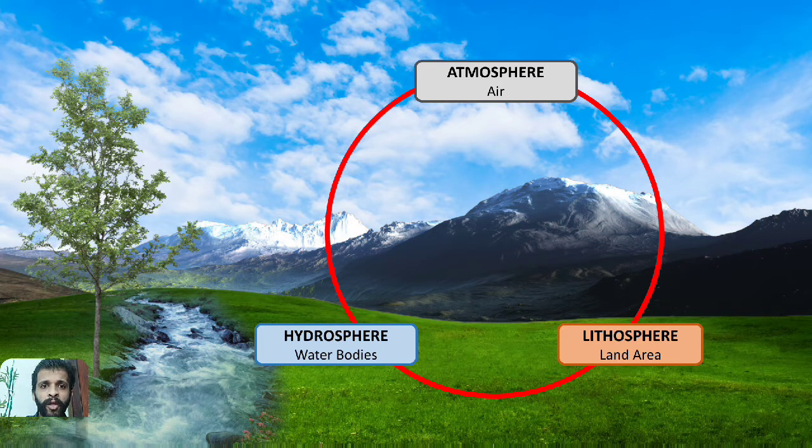That's how the greenery comes in. Animals are there, plants are there, bacteria, so many other organisms. So when atmosphere, lithosphere, and hydrosphere interact with each other, there is the biosphere, which is life.